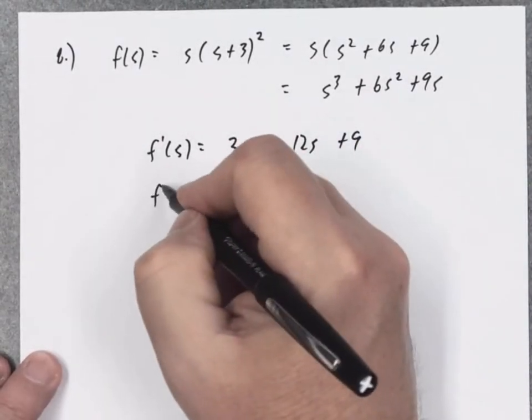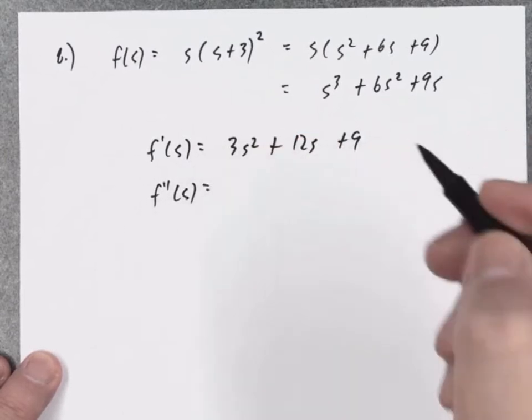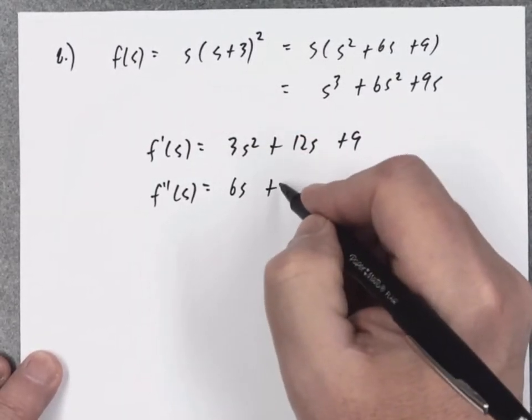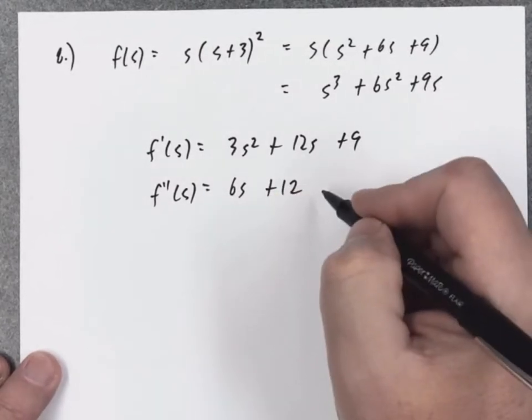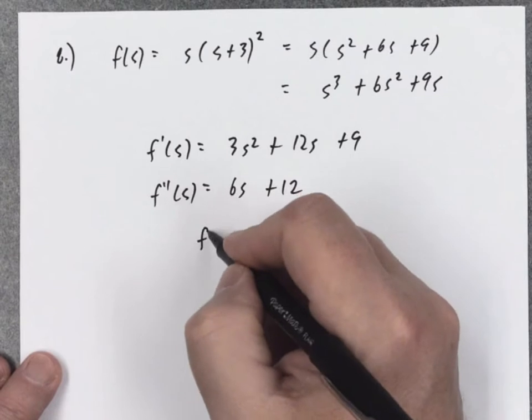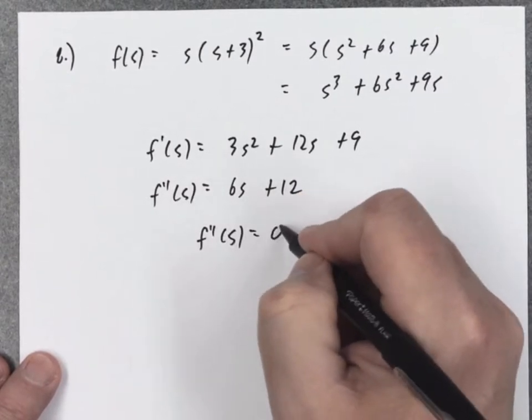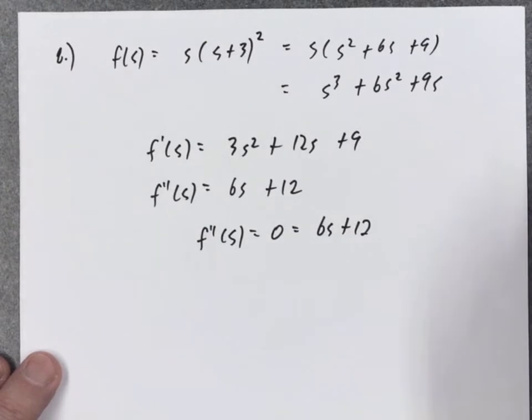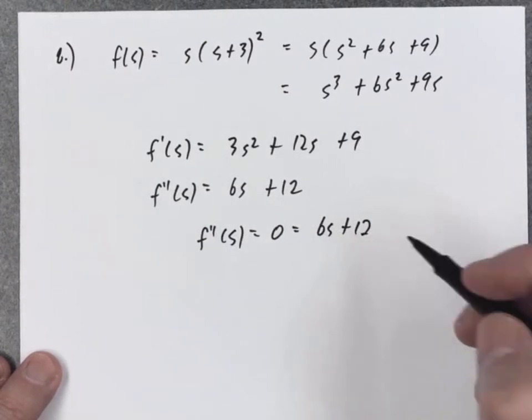But what I really want for this problem is my second derivative, so I take the derivative again, 6s plus 12. And now, since I know the second derivative, I can set it equal to 0 and solve this equation and find the points of inflection.